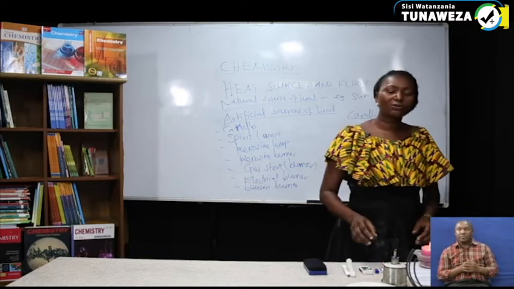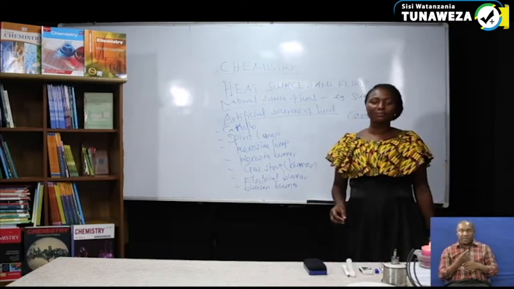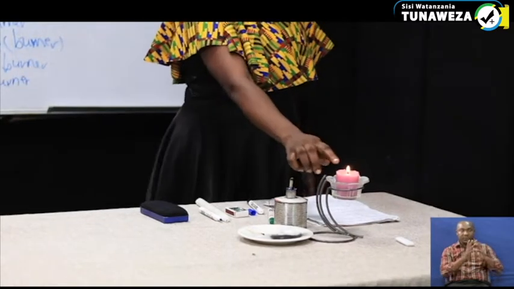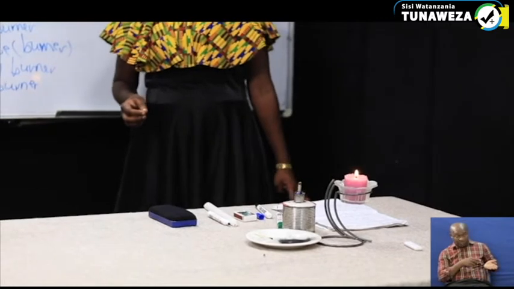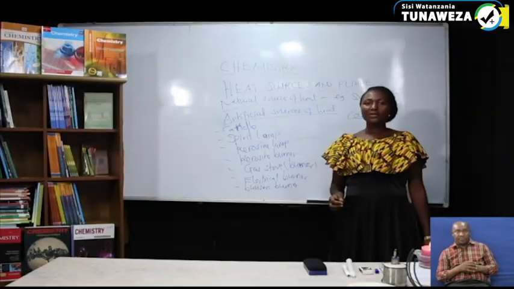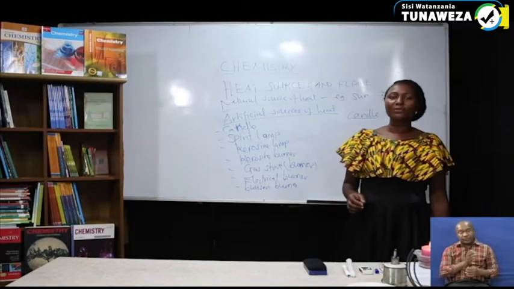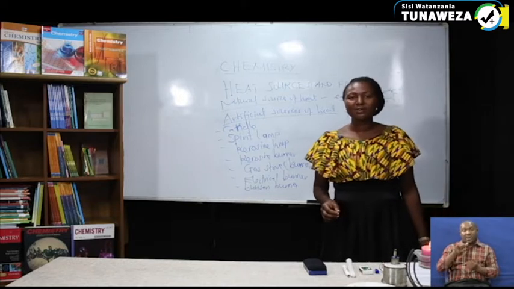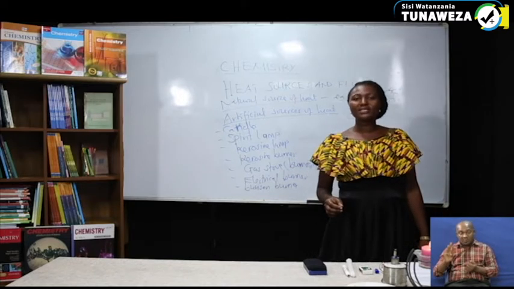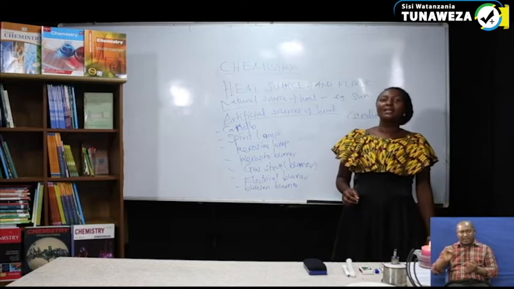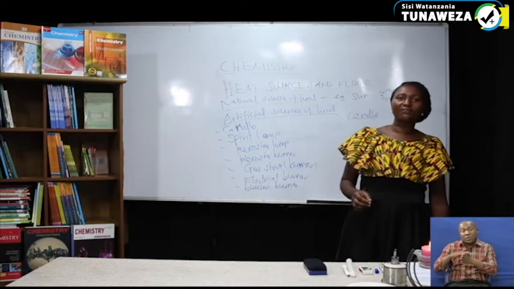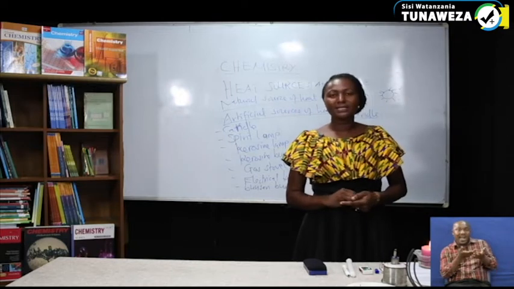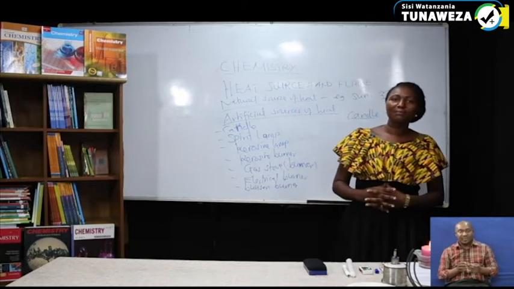This flame is yellow in color. Because it produces a yellow flame which is very bright, it is used for lighting purposes.